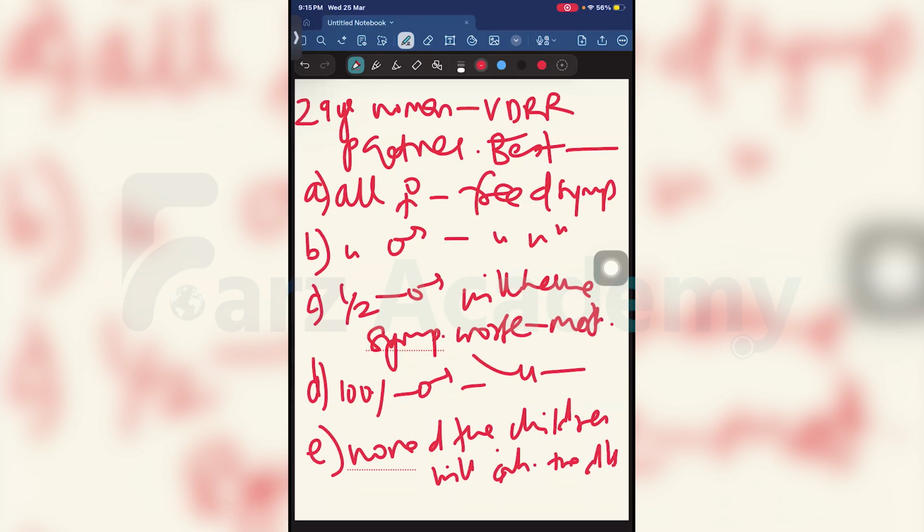Madam, C. Half of her female children will be what? Why? Because the mother is autosomal recessive, then 50% will be there.